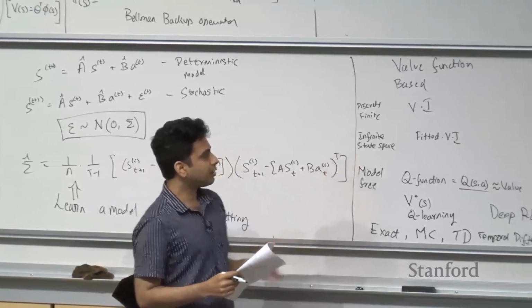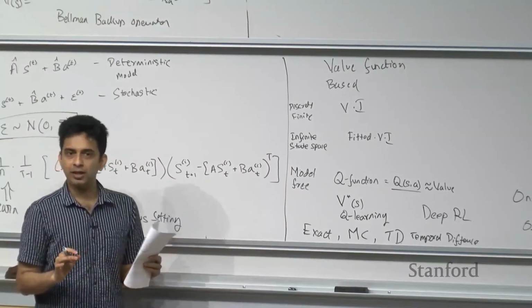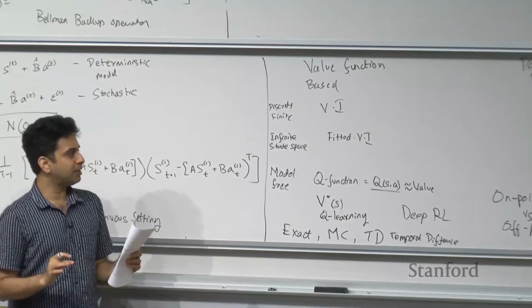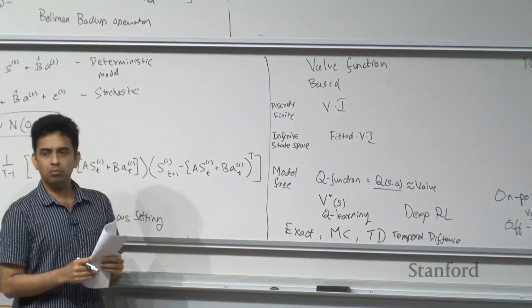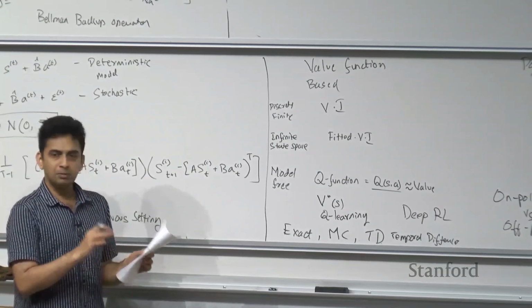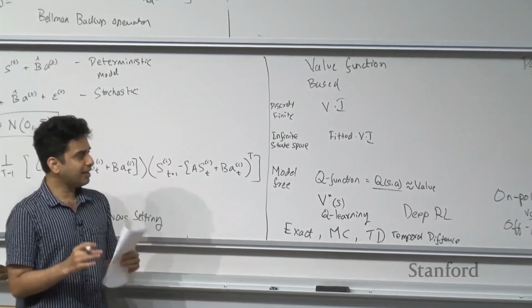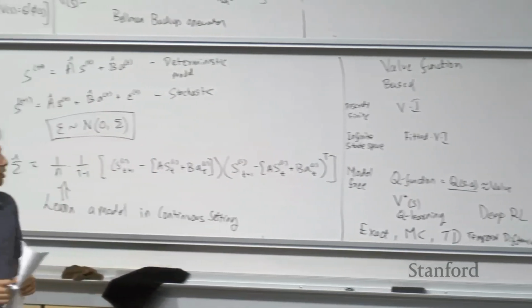So reinforcement learning is a vast area of machine learning, and in fact, it has its roots mostly in the field of electrical engineering called optimal control, and I think its history is probably older than machine learning in general.